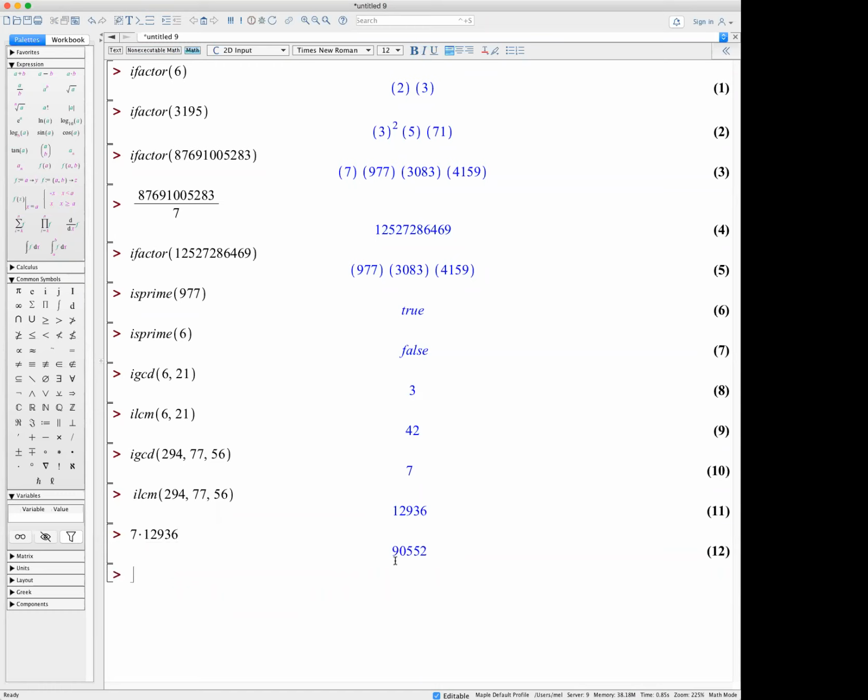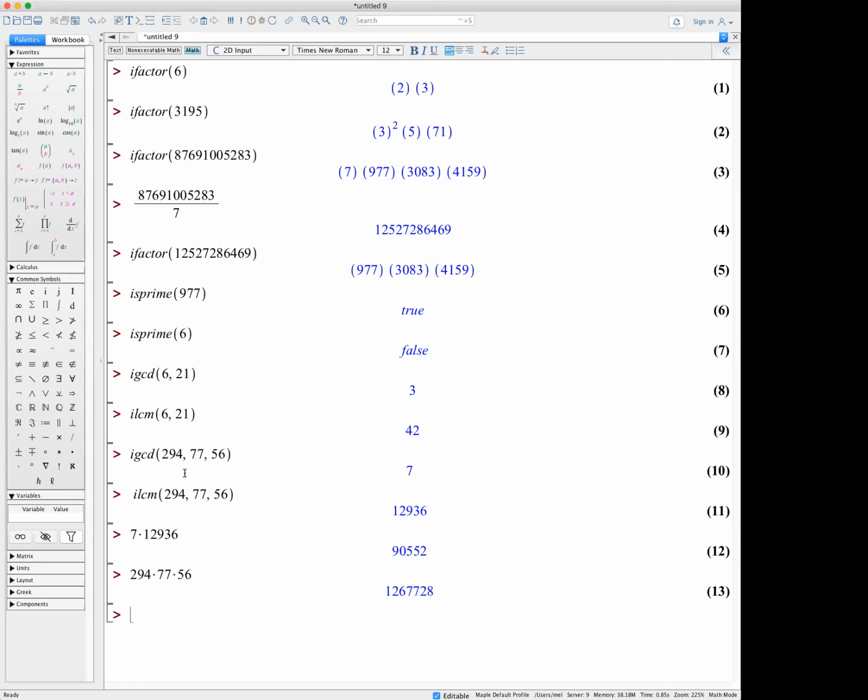That's 90,552, right? Yes. And if I multiply the 3 numbers together, 294 times 77 times 56, I get something different, like a million something. So your observation is correct.